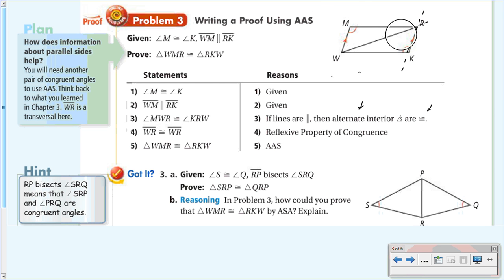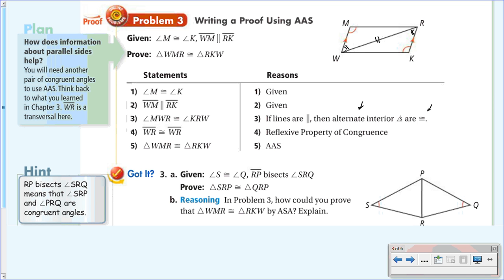So we know this angle is now congruent to this angle. And of course, we know that WR is congruent to itself because of the reflexive property of congruence. So now, if you notice, we have two angles here congruent to two angles here, and this is the same non-included side in both triangles.